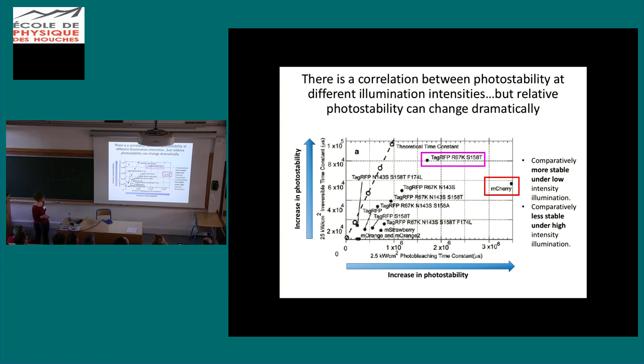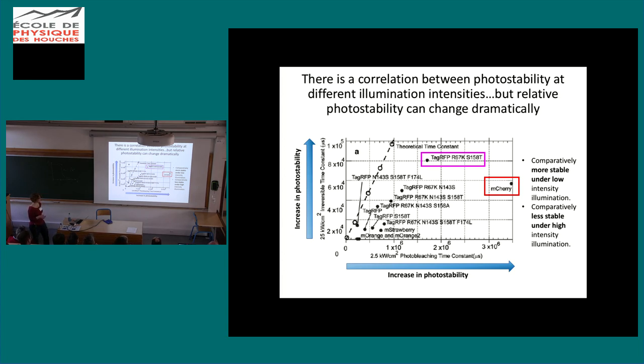So this is just comparing lower illumination intensity, higher illumination intensity, and then going that direction. If you're over here, you're more photostable. So there's a general correlation. So if you look at the black circles, they kind of all fall on a line here. So that if you're more photostable at low power, you're probably more photostable at high power.